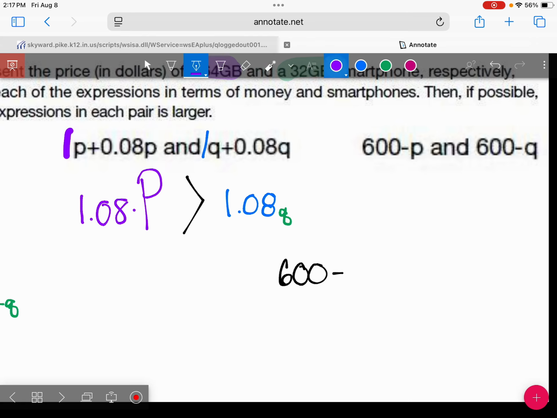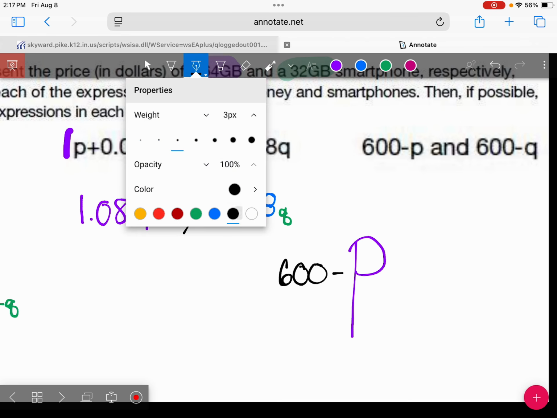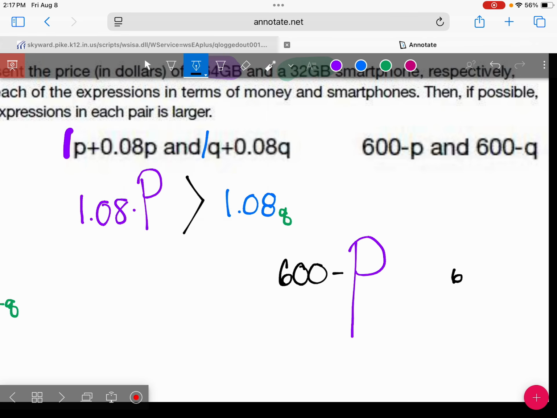Some 600 take away P, or I'm going to have 600 take away that little bit of Q. If I take away the bigger number, am I going to have more left? Or am I going to have more left when I take away something bigger? It's just a little guy.